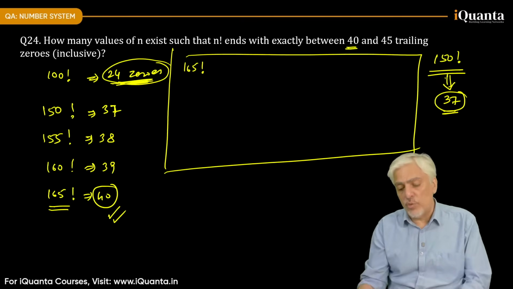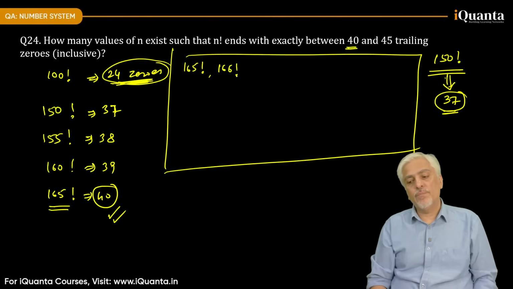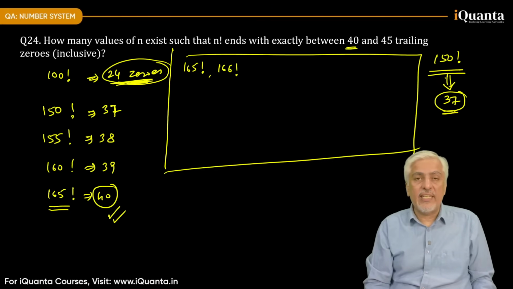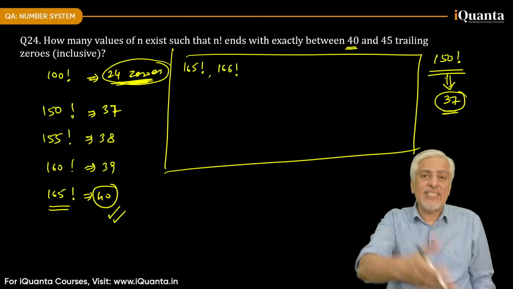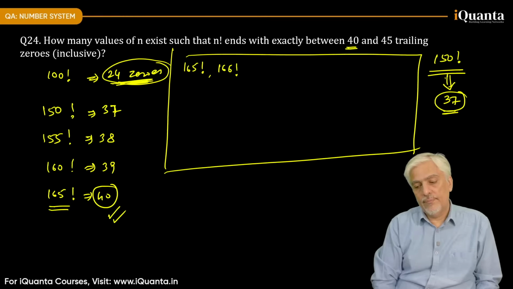Tell me how many zeros will 166 factorial have? 165 में 40 zeros है वो तो ठीक है. 166 में कितने zeros है? Very good.